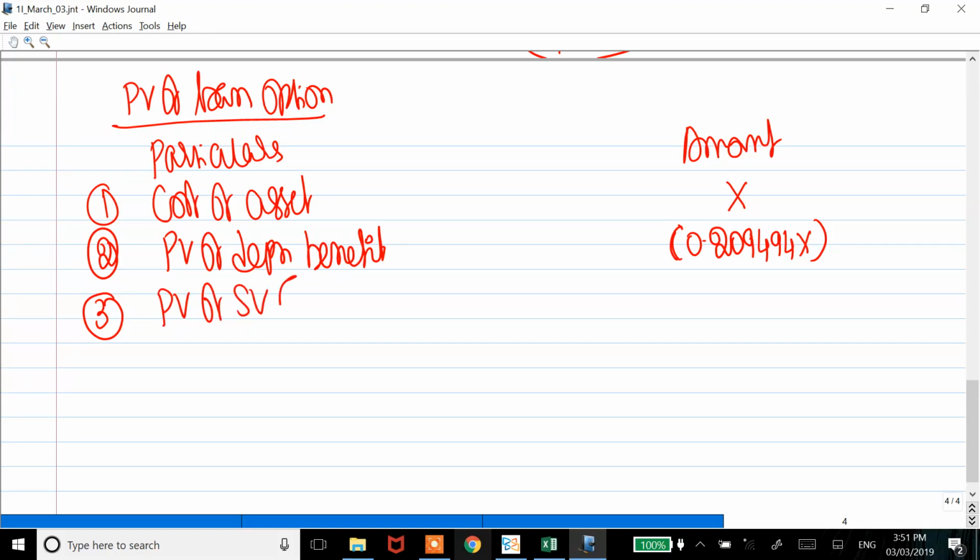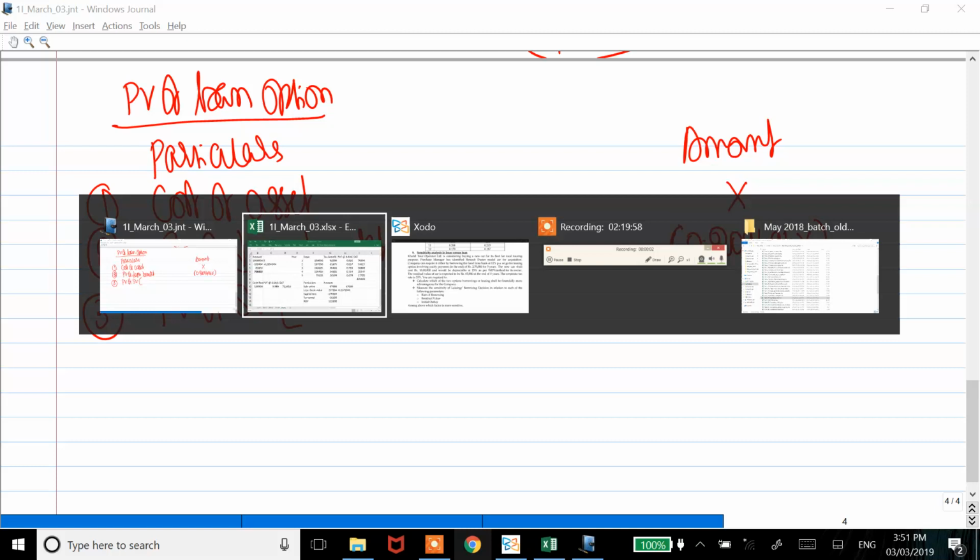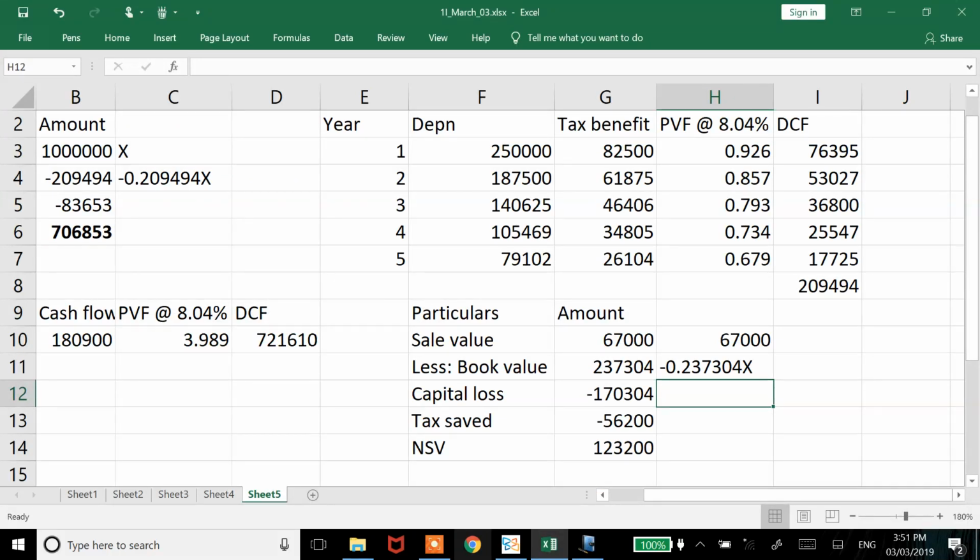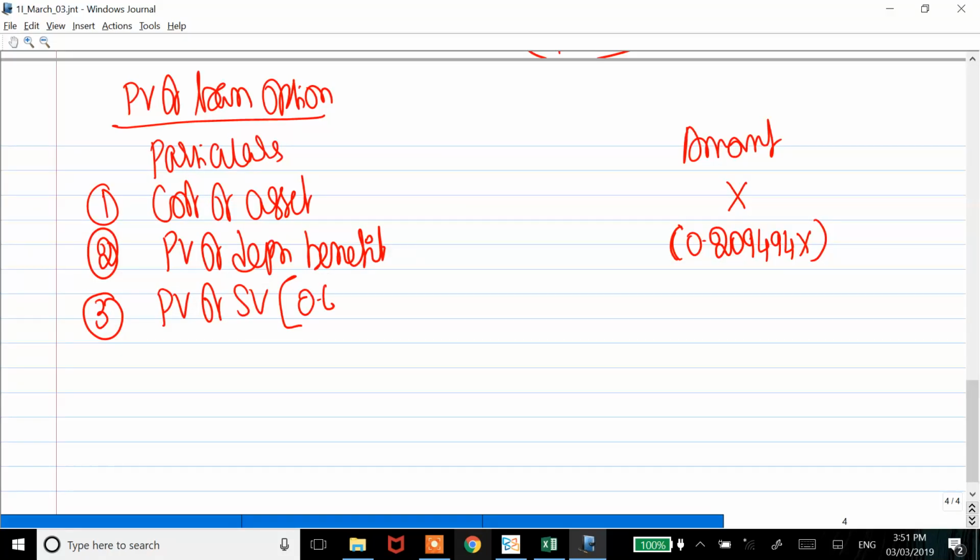Okay, I'll directly write the salvage value. What is salvage value? It is 67% of sale value plus 33% of book value.